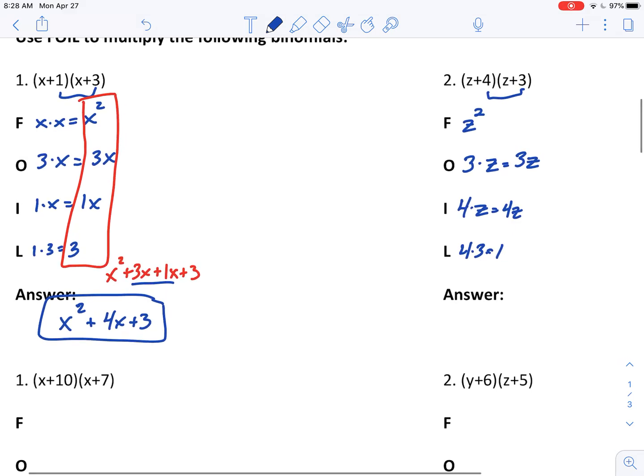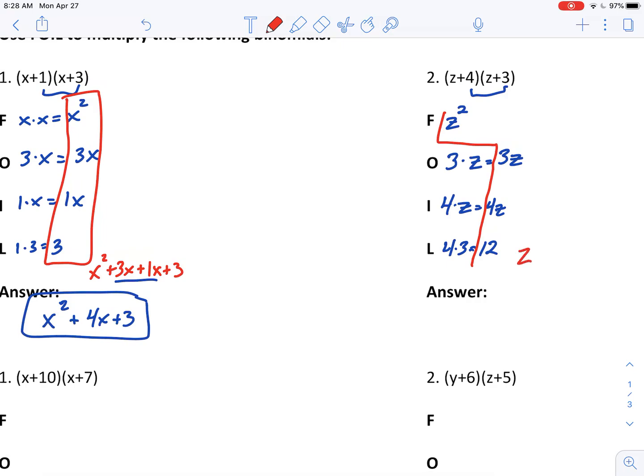Inner, 4 times z, 4z. And the last product here is 4 times 3, is 12.